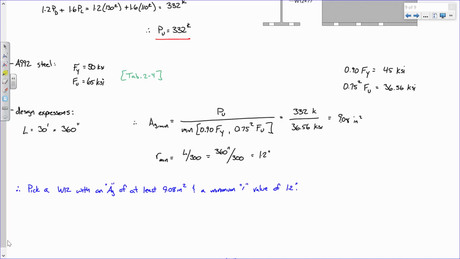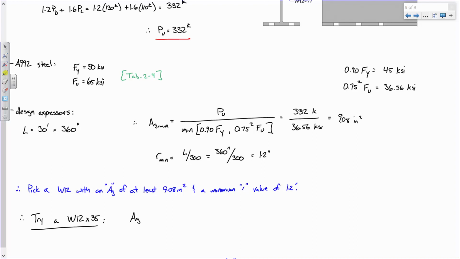So what I'm going to say in the calcs is try a W12 by 35. I don't know whether or not it works, and there is a chance that we do all this math and it doesn't work. Okay? But for now, we'll just go off of that assumption.